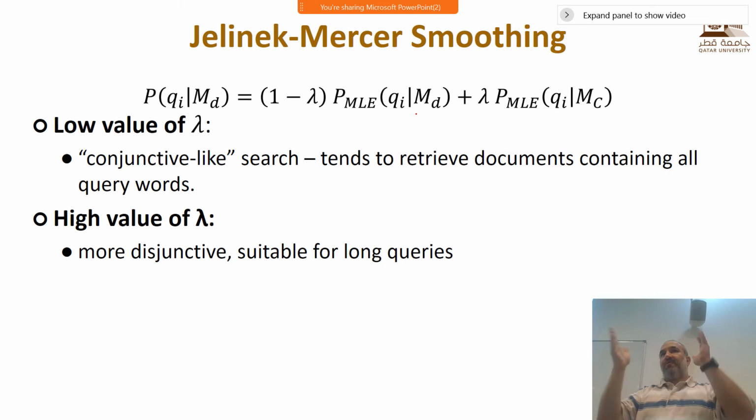Of course, here we are talking about low value and high value, but there is a range between 0 and 1, right? So understanding the meaning of the value of lambda as it increases and as it decreases will let you understand the behavior of that retrieval model. Okay, so as it goes close to 0, it's like ANDing. As it goes close to 1, it's like ORing. Yes.